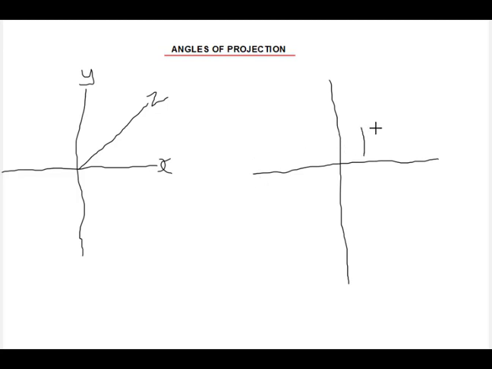So we have the first quadrant here. We have the second quadrant. We have the third quadrant. And then we have the fourth quadrant.